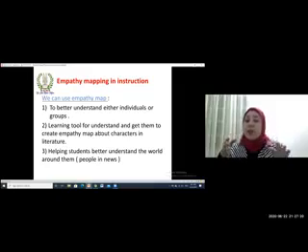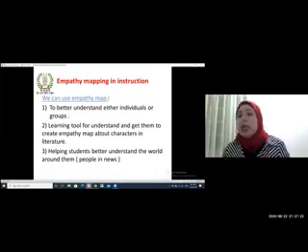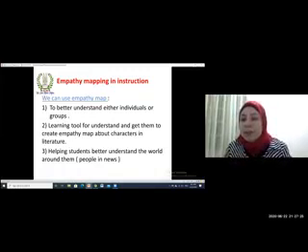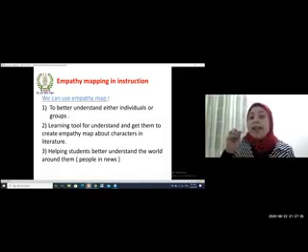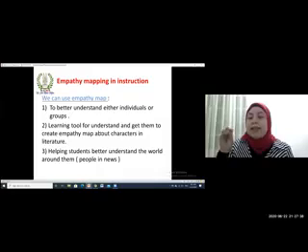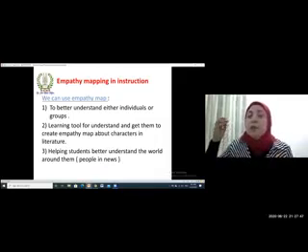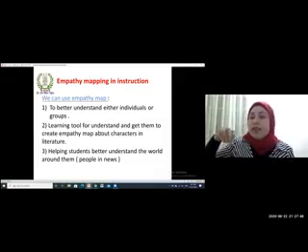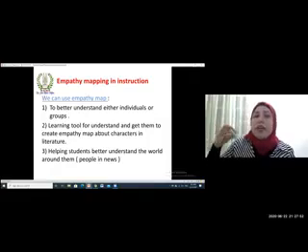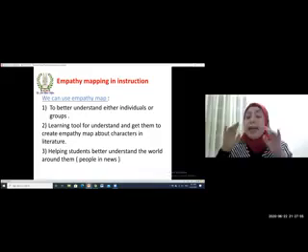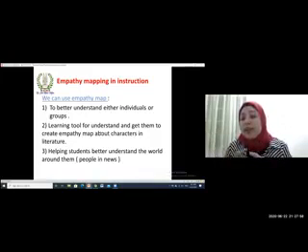If you teach the novel of Prisoner of Zenda or David Copperfield or Robinson Crusoe, any novel, you can use this empathy mapping and ask students to work cooperatively or in groups and say to them, put yourself in Rudolf Rassendyll's place. Put yourself in Rudolf Rassendyll's shoes, and how can he behave or conduct with the other characters in the story.